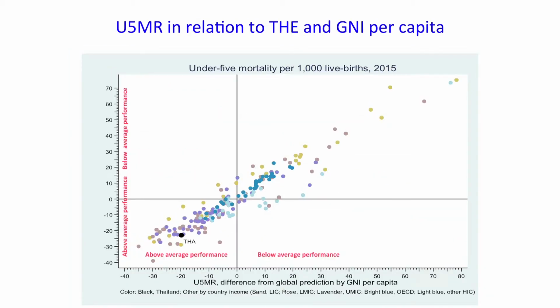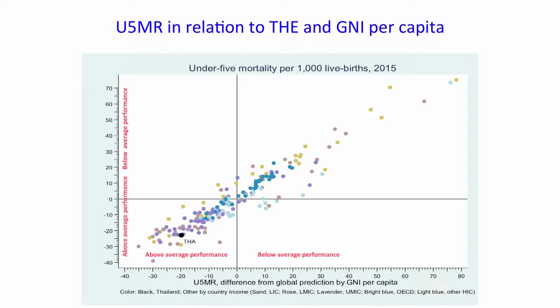U5MR in this graph is so exciting to see. Both X and Y axes are the relative performance of child mortality compared to predicted child mortality from regression analysis throughout the world.